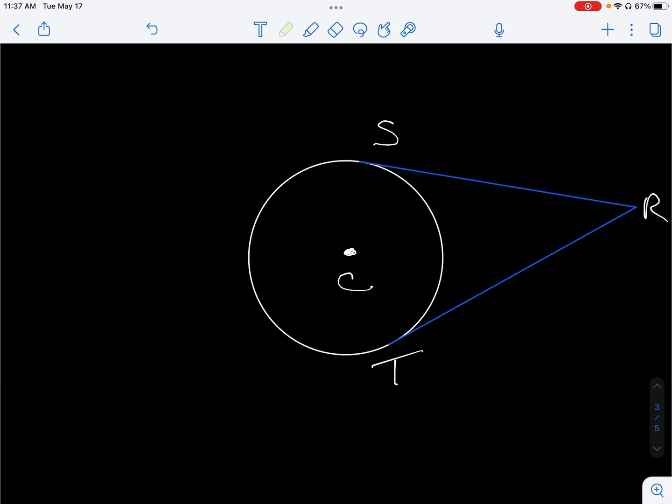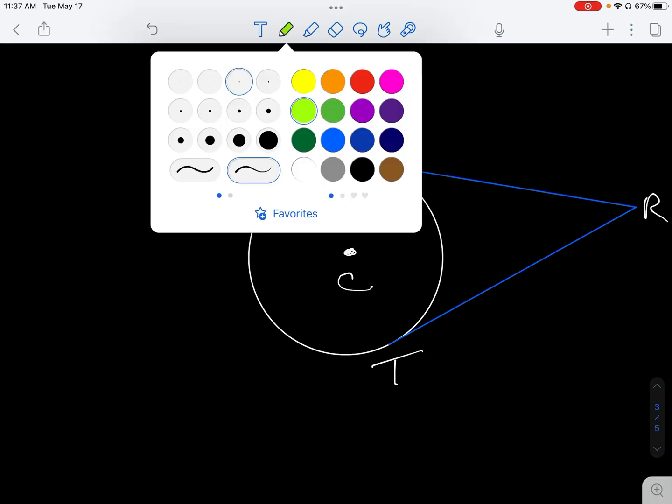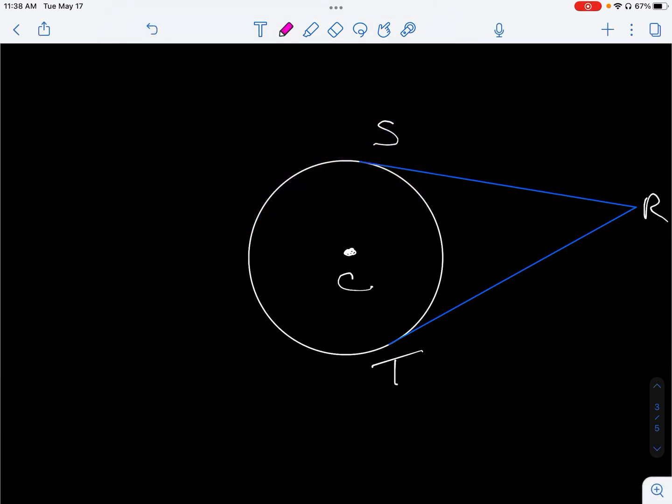All right, so sometimes, let's do pink, we have two tangents and they come from a common point external to the circle. And in that case, what we're going to find is that these two segments are congruent.